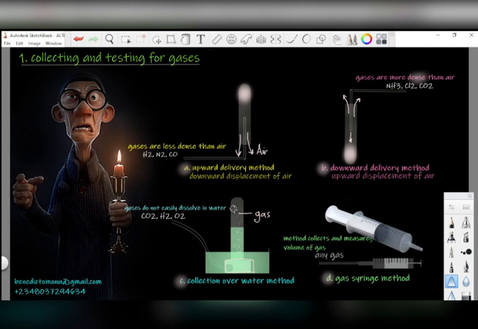And in the laboratory, if you want to dry a gas, sometimes in your question paper, you may have a situation where a gas is bubbled. After it is collected, it is bubbled through concentrated sulfuric acid. The essence of bubbling a gas after it is collected through concentrated sulfuric acid is to dry the gas, because sulfuric acid is an example of a drying agent, especially for drying gases.